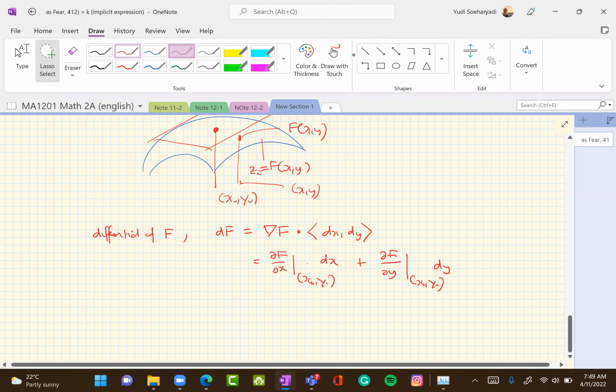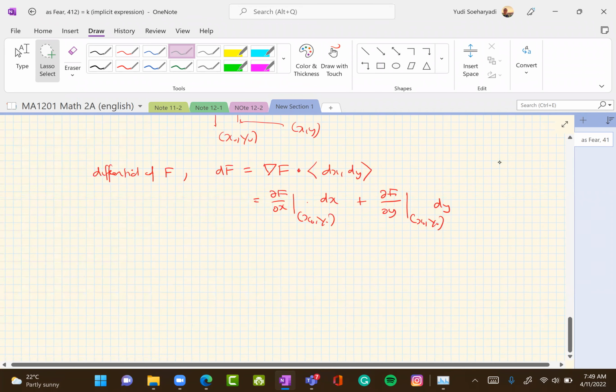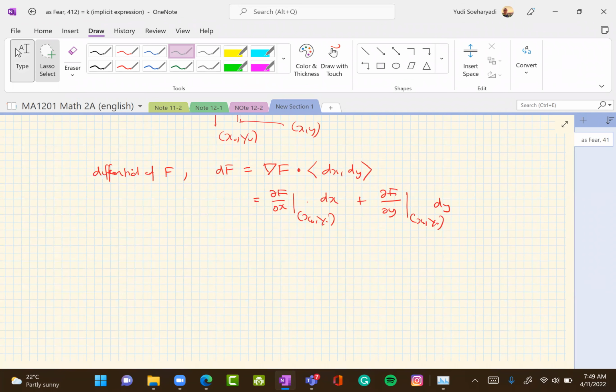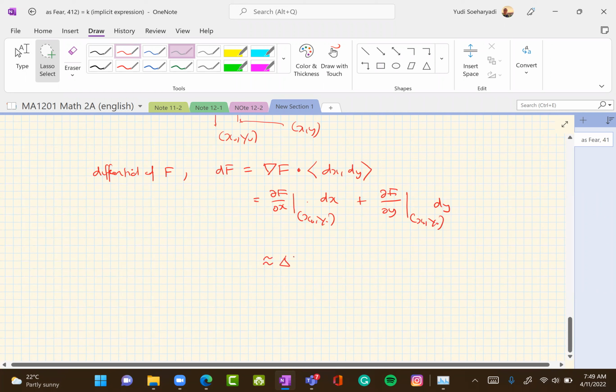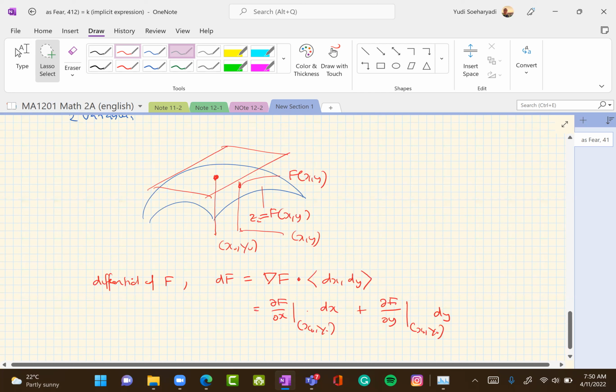This approximates the real change, so this is a good approximation using the tangent plane. This is the real value, and over here is the approximated value.